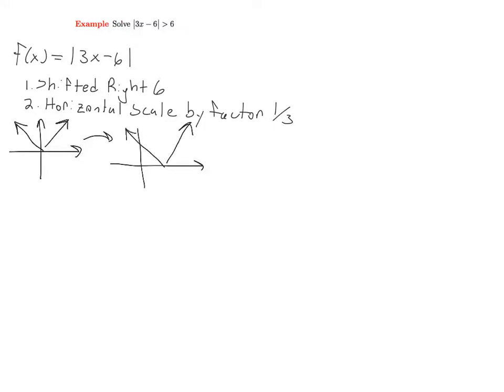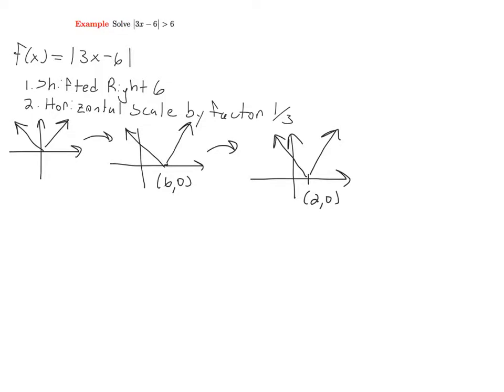So the vertex, which was at 0, 0, now winds up at 6, 0, and then we scale it horizontally by a factor of 1/3. So we smush it in closer to the y-axis, and now this point that was at 6, 0 gets moved 1/3 of the way closer, so it winds up at 2, 0.